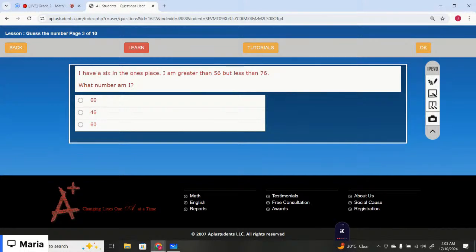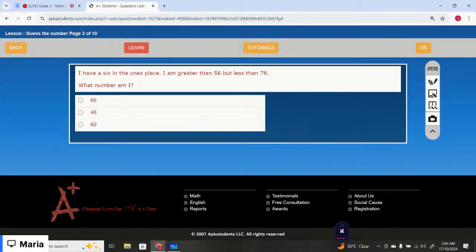I have a 6 in the ones place. I'm greater than 56 but less than 76. So which number is it? 66.